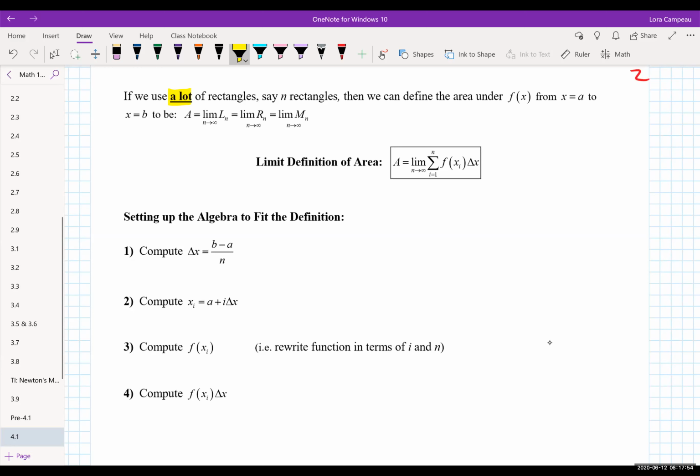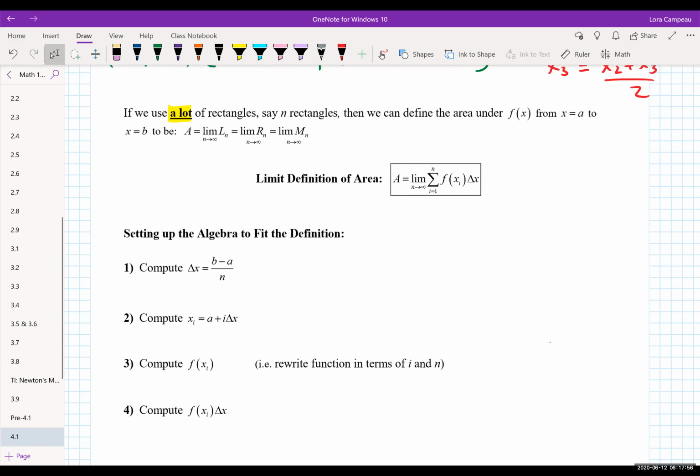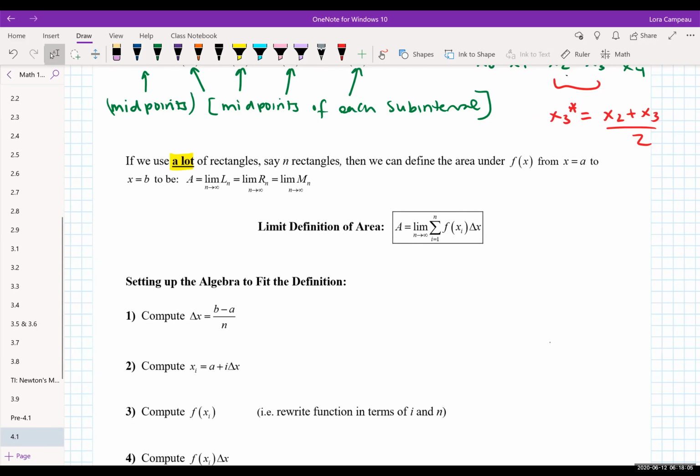So what we end up having is the limit definition of area. And you're like, oh, I thought limits were disappearing for a while, and nope, they come back. Big deal. That's why we were big on limit notation all throughout this class. They're saying as n approaches infinity, if you have an infinite number of rectangles underneath your curve, your area will equal the limit of that summation of all those areas. That's what they're trying to show with this notation.